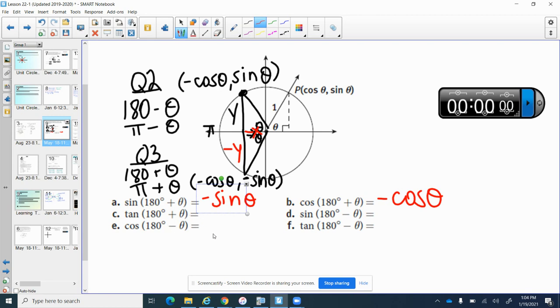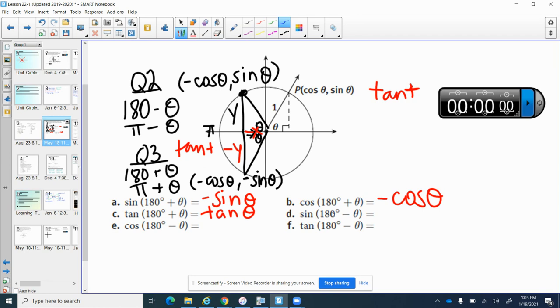And we know that the tangent, since we're dividing a negative by a negative, is actually going to be positive. It'll be the exact same as it was in quadrant 1, since tangent is positive in quadrant 1, and it's positive in quadrant 3. Now that being said, 180 minus theta, we said, represents quadrant 2.